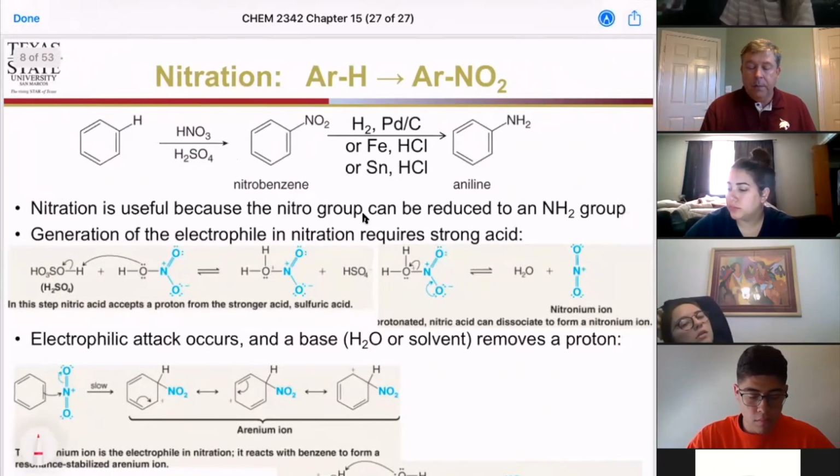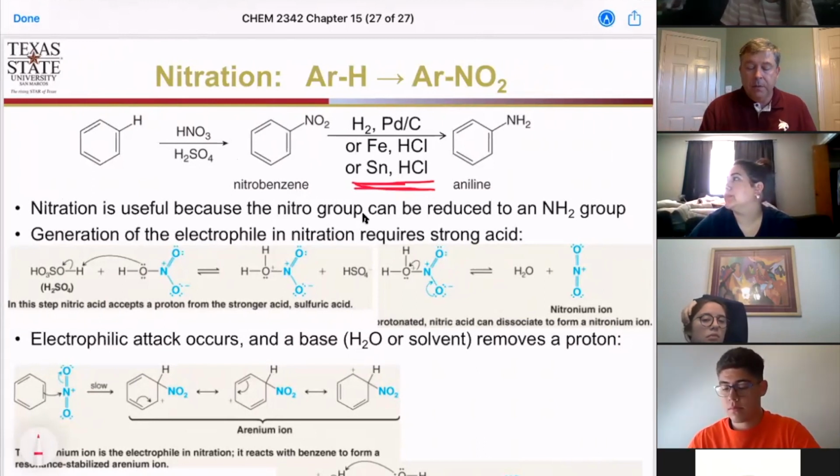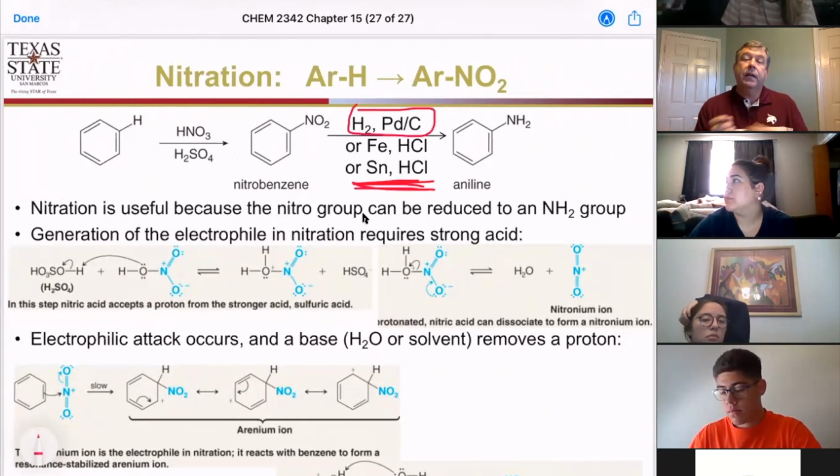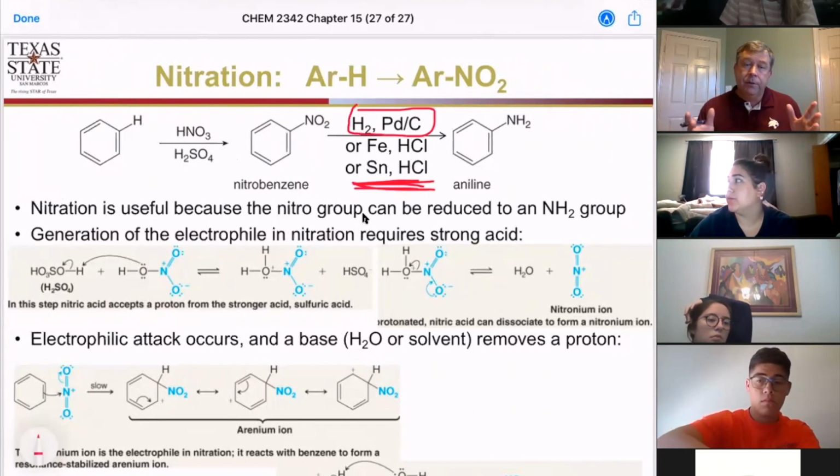There are a couple of different reductions we're going to learn as the second step after some kind of electrophilic aromatic substitution, but common ones are tin metal and acid, or hydrogenation. That'll convert our nitro group down to the amine. But the first thing we want to do is put that nitro group on there.